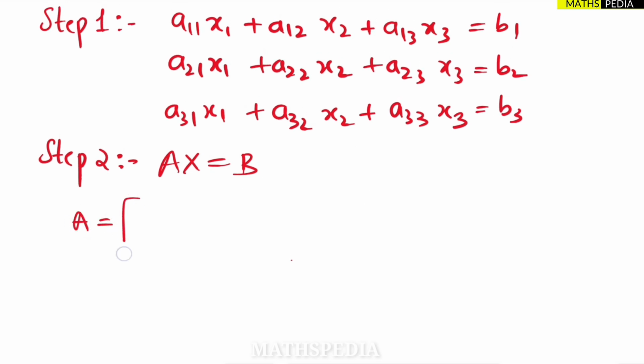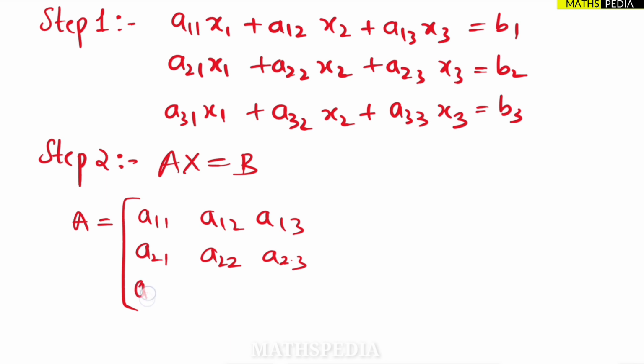So what will be A? A is nothing but the A matrix: A11, A12, A13, A21, A22, A23, A31, A32, A33. This is a 3 cross 3 matrix. What is the X value?